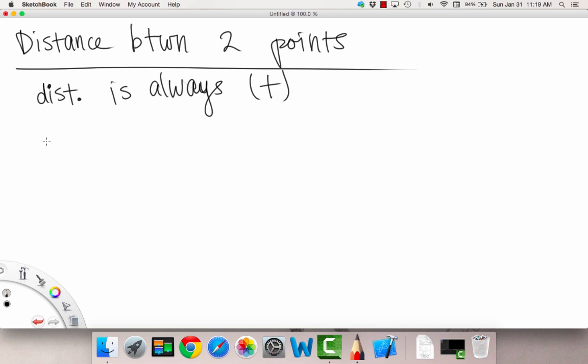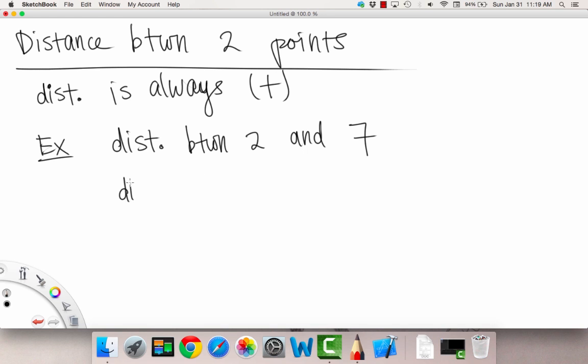So here's a mini example. We can calculate the distance between numbers on a number line. So the distance between, let's say, the numbers 2 and 7. There are two ways we could do this using absolute value.